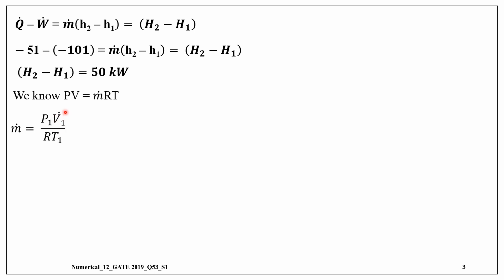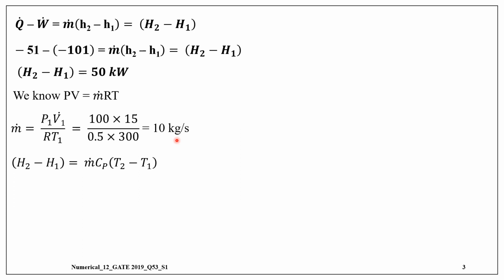Also, in the problem, volume flow rate is given, therefore dot. On substitution of P1, V1 dot, R and T1, the value of m dot is given as 10 kilograms per second.